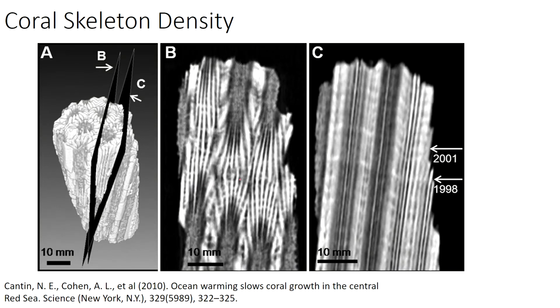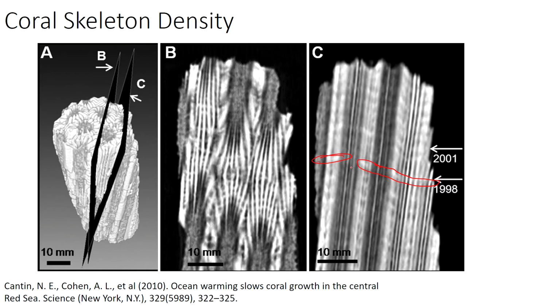Anyway, the interesting thing here is that there are some layers which seem to show this brighter pattern. You can see those ones that I picked out at the beginning, slightly brighter layers. And these brighter layers coincide with periods in time where the corals were particularly stressed.